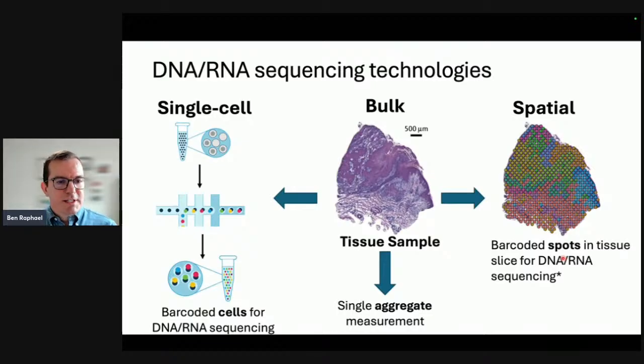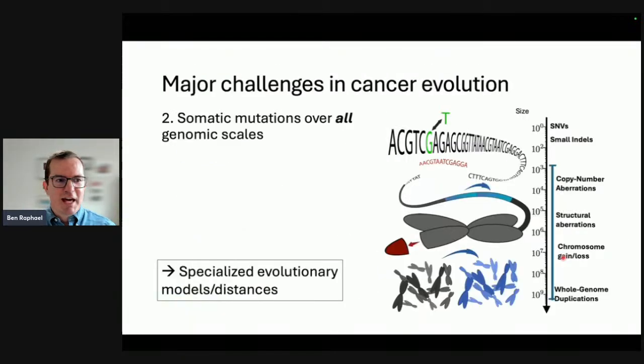So the second major challenge in tumor evolution beyond these technologies is that the somatic mutations that occur in the cancer process occur across all genomic scales.